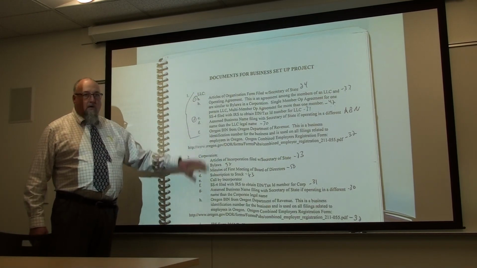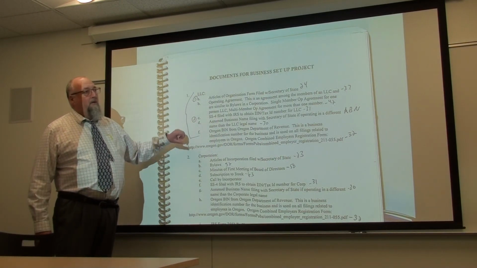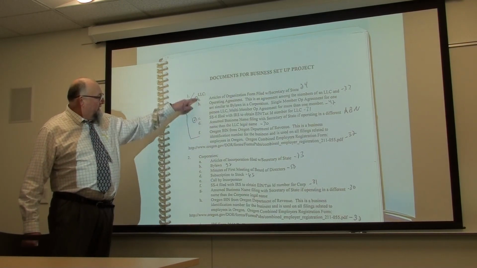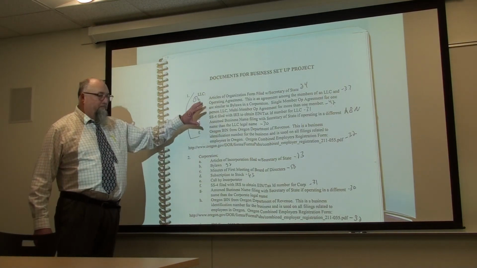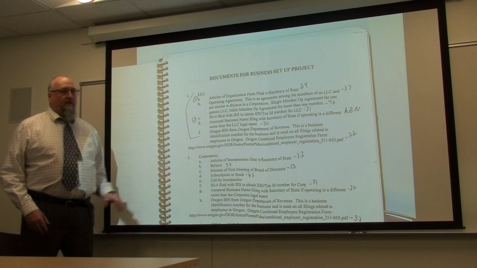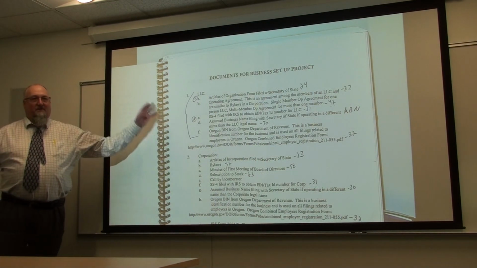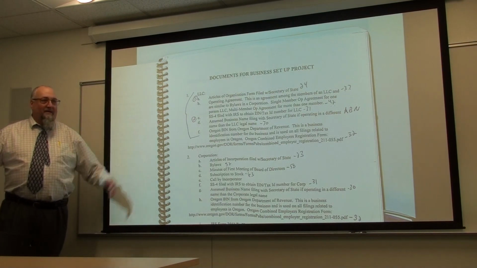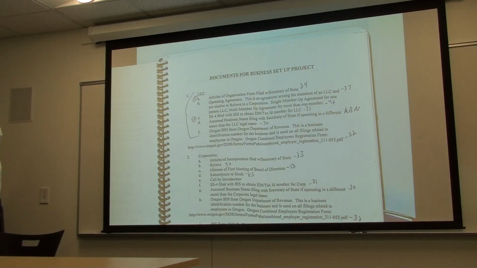You don't have to do all of them. It just depends on which structure you're going to do. So if you're going to do an LLC, you do A through F. If you're going to be a corporation, you do those. You don't have to do LLC and corporation. I had a student once that did every one of them for all 3 forming. They learned a lot, but they didn't need to. It was above and beyond what they needed to do.